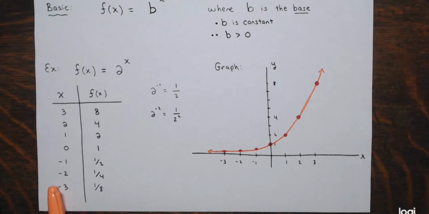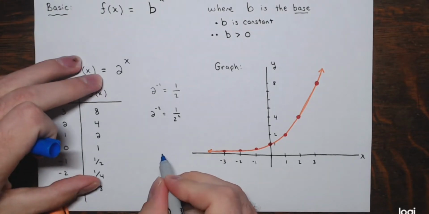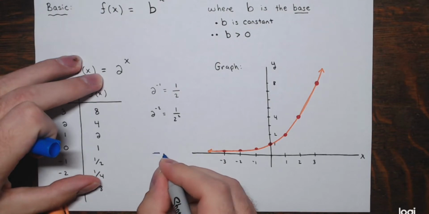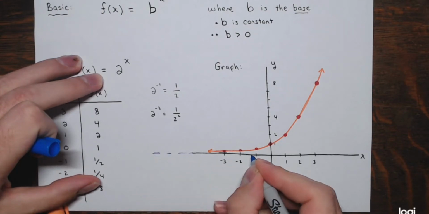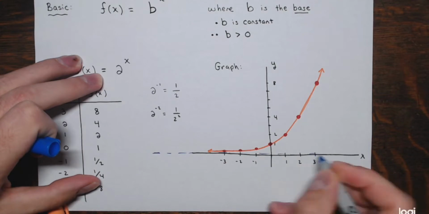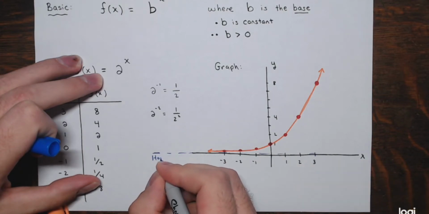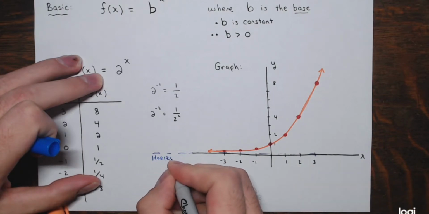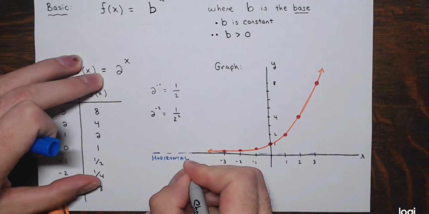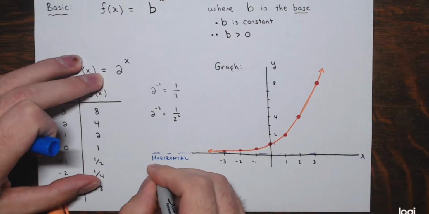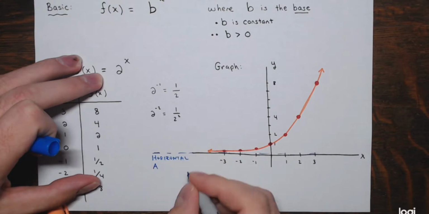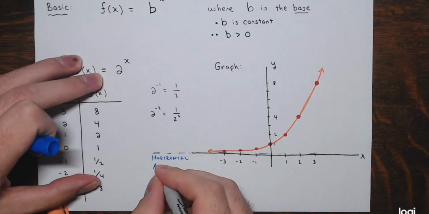In fact, I'm going to make the x-axis into a dashed line here. They call this thing a horizontal asymptote. It's a horizontal line that the graph gets closer and closer to, but never actually hits.